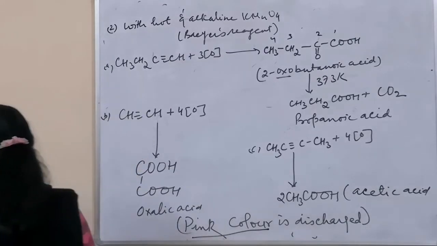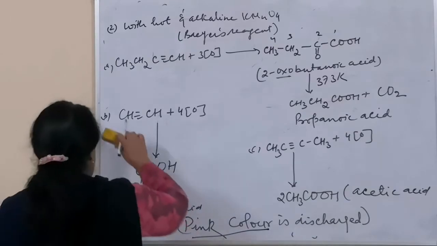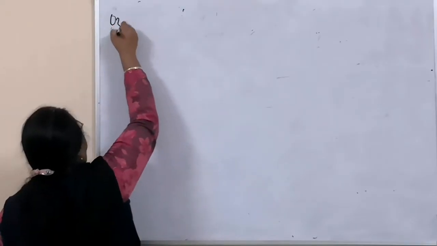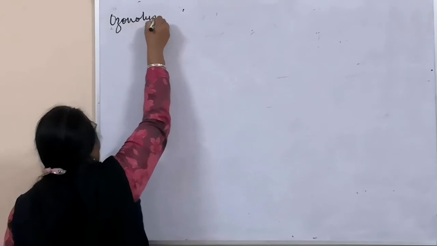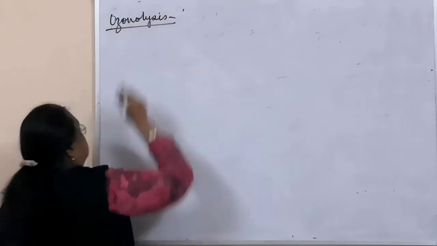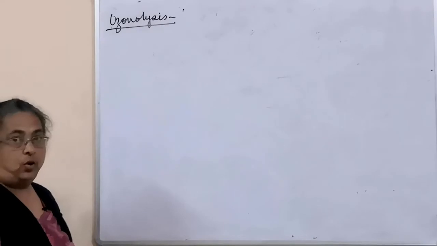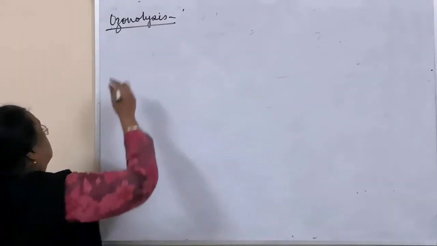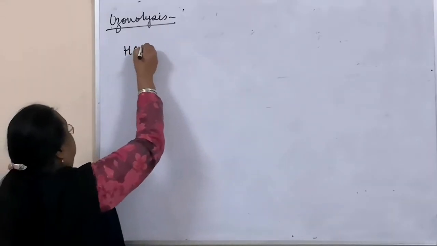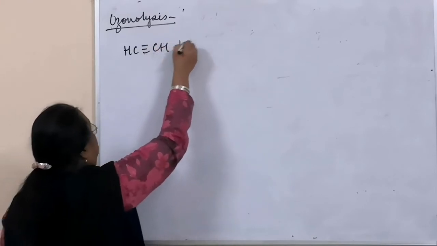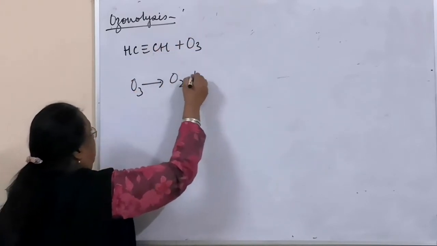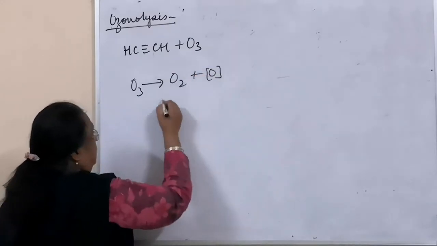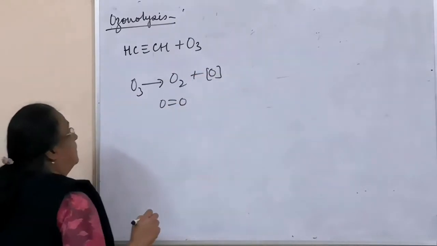And so that will be confirmed for unsaturation. Now the next reactions are ozonolysis and then polymerization. Ozonolysis you have done in case of ethene also. So ozonolysis, if I talk about acetylene, is combining with ozone, you know ozone splits into O2 and nascent oxygen, and O2 has a double bond.